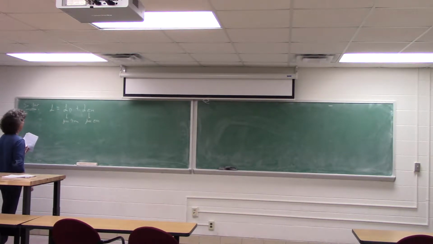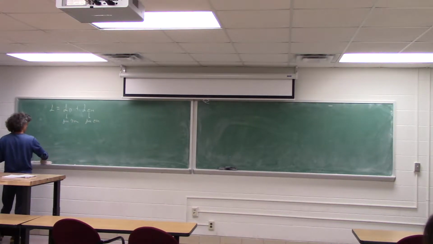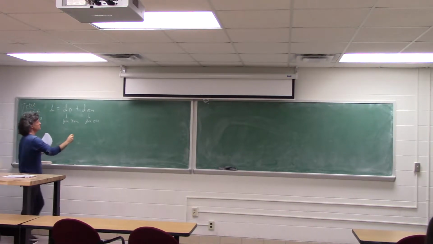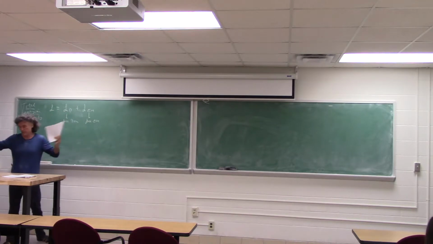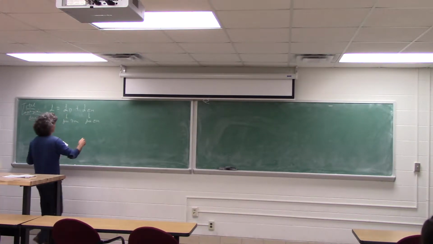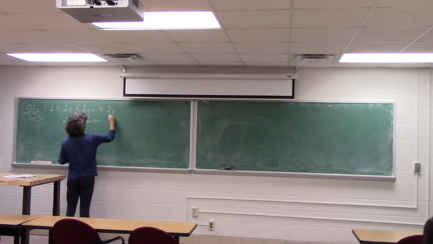So what we're going to add, so the total Lagrangian density is going to be the free Dirac Lagrangian density plus the free electromagnetic Lagrangian density plus an interaction term.